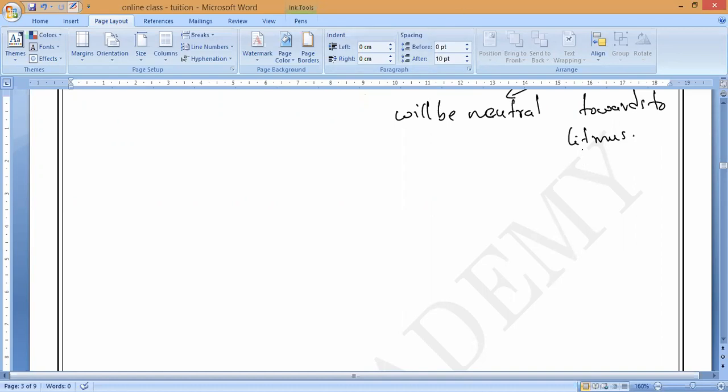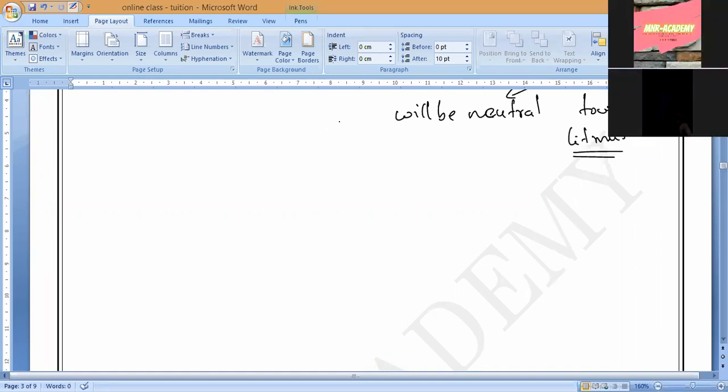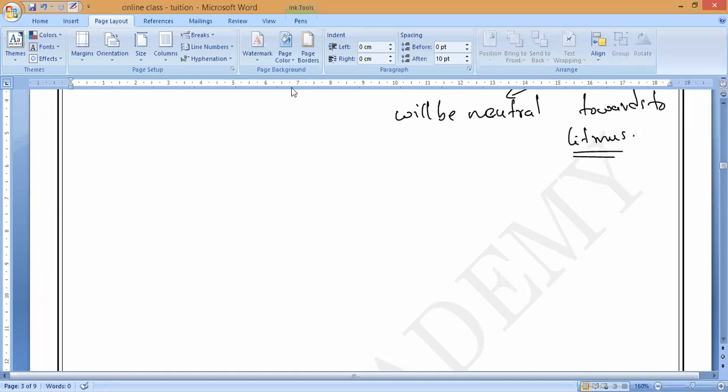So what is the pH value? How much can you expect? Neutral towards the litmus means what is the pH? Anybody? Varshini? Sir, 7. Very good.